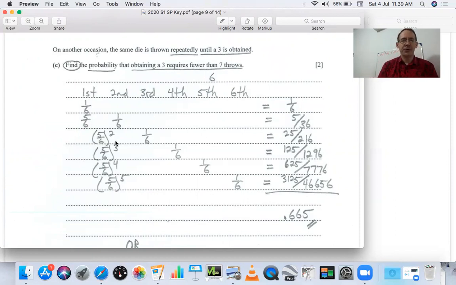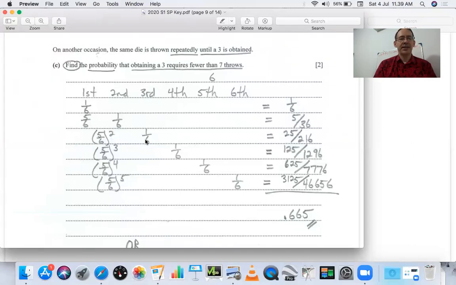Well, the geometric formula is p, that's the probability of success, times q to the r minus 1, the r being the rth term on which you get the success. So since we get the success on the third term, then that means our q is raised to the r minus 1, or 3 minus 1, which is the 2 power.